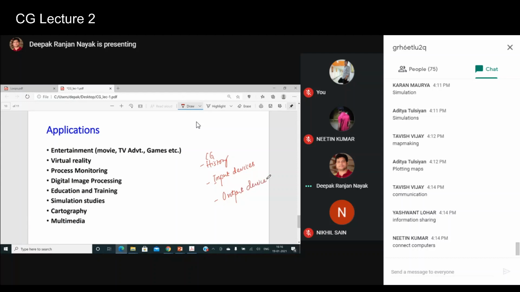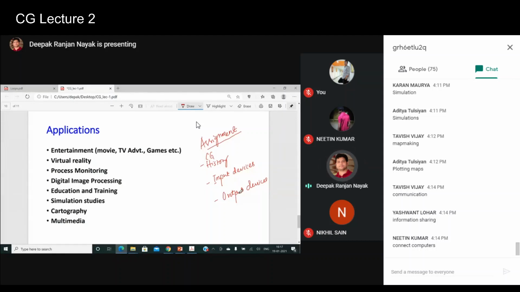This is your assignment. Please read it from any book. You can choose Hearn and Baker or any book, and you can also go through some online resources and read it yourself. You all know what input devices and output devices are, but go through the types of input devices.